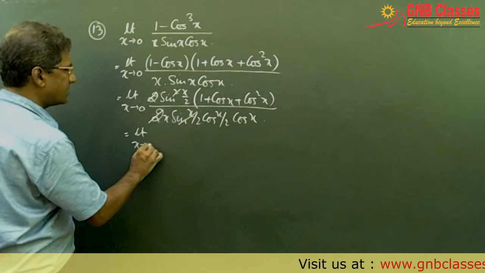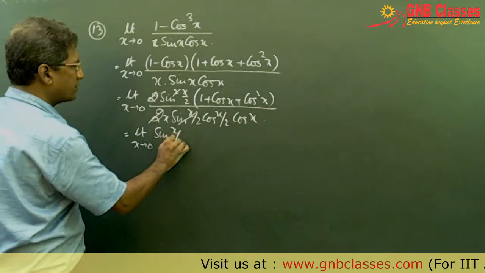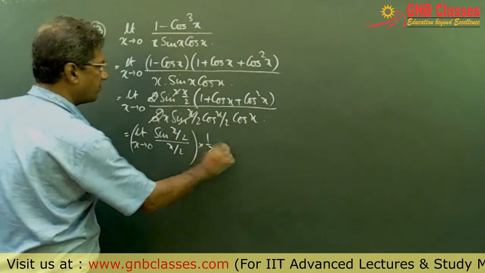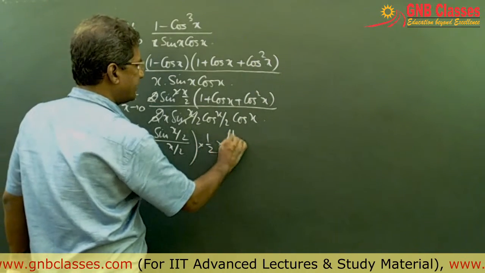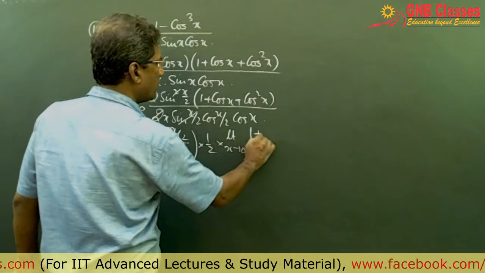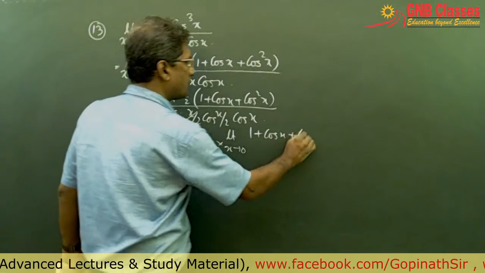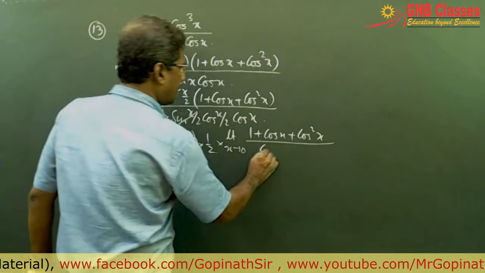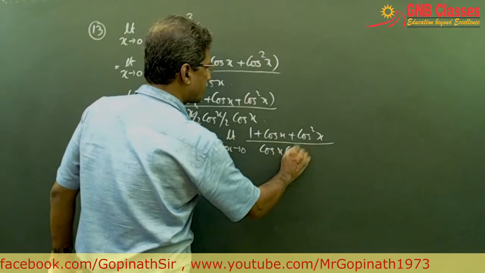So limit x tends to 0 of sin x by 2 over x by 2, into half, into limit x tends to 0 of 1 plus cos x plus cos square x divided by cos x.